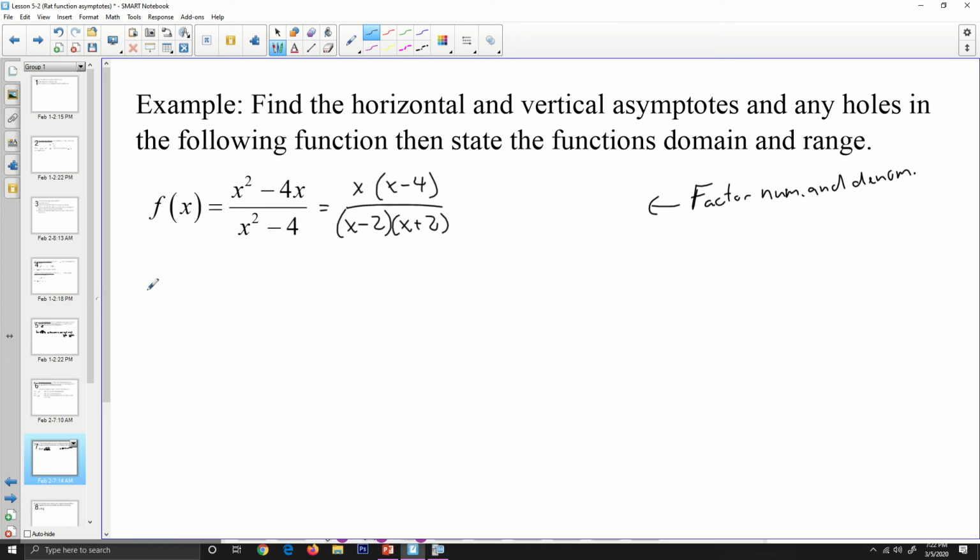So I will have 2 vertical asymptotes at x equals 2 and x equals -2. And then if I want to talk about the horizontal asymptote, there's only one horizontal asymptote here.